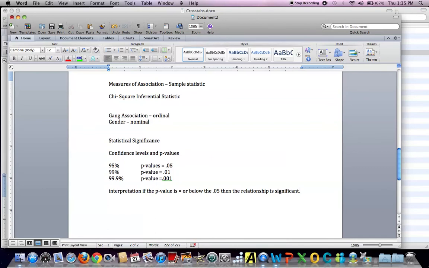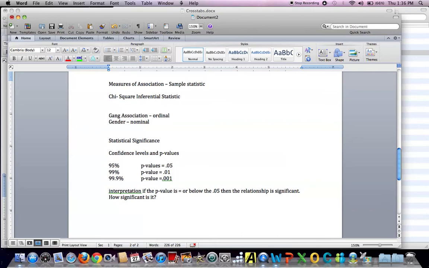Okay. Once you know that it is significant at least at the 95% confidence level, or p is equal to or below 0.05, the question becomes how significant is it? Okay, and then you're required to say if it's equal to 0.01 or below, but above 0.001, then it's significant at the 99% confidence level.